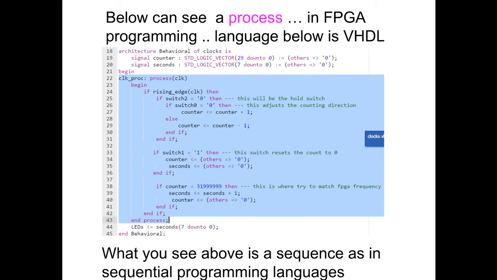This is a field programmable gate array, and we're programming it with the VHDL hardware description language. The stuff in purple here is part of that language. If we had other lines like this, they'd all be operating in parallel, not sequential like a programming language. What causes these to be executed in sequence is this process. This process creates flip-flops. So this if structure right here creates the flip-flops that we're talking about.